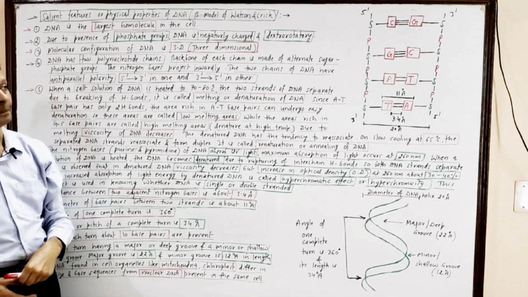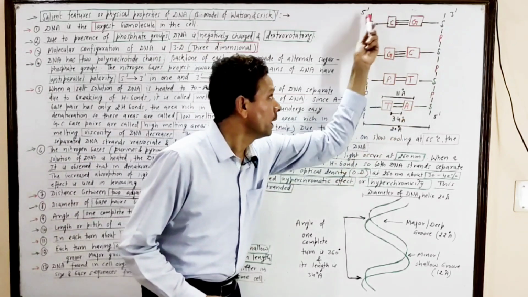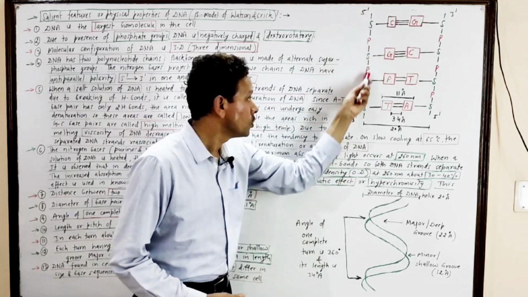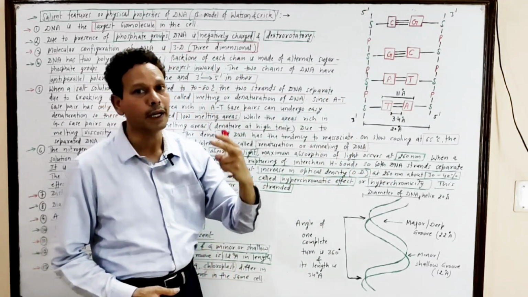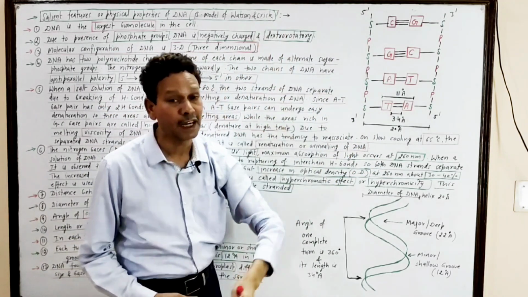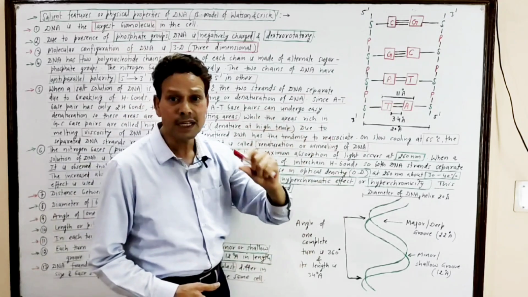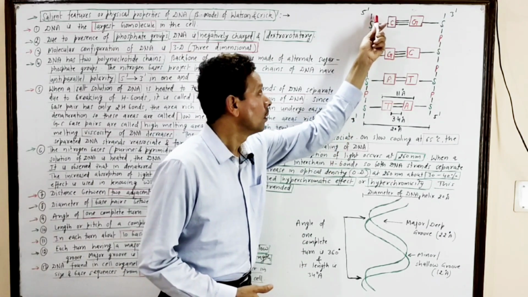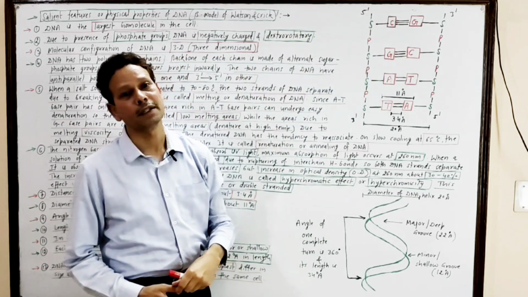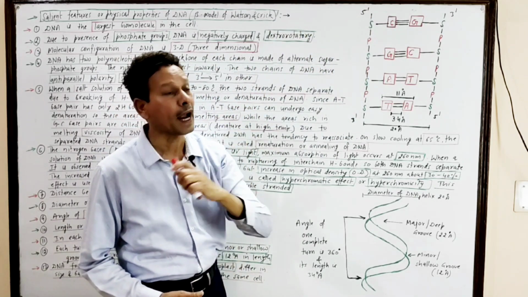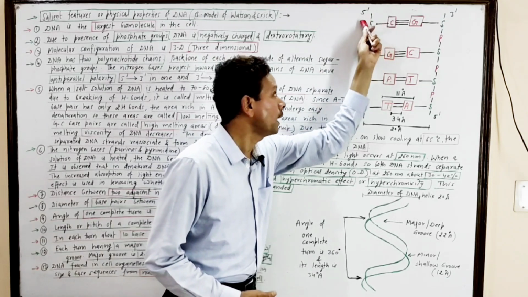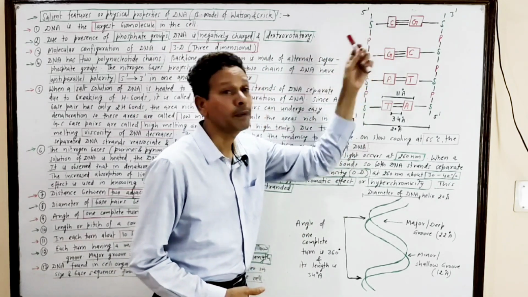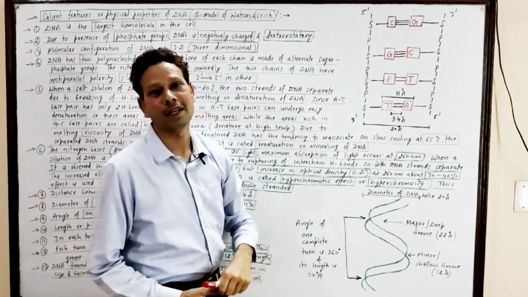Next property, the DNA molecule has two polynucleotide chains, or it consists of two strands, and in these polynucleotide chains several nucleotides are present. Each nucleotide has a pentose sugar which is deoxyribose, a phosphate group and a nitrogen base.